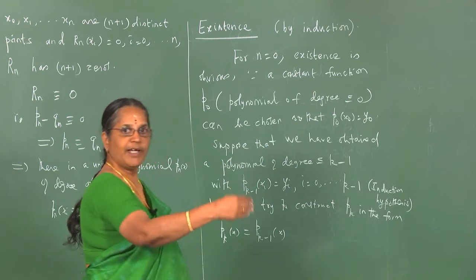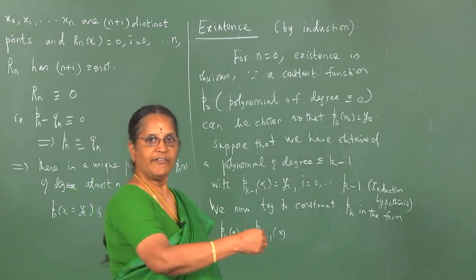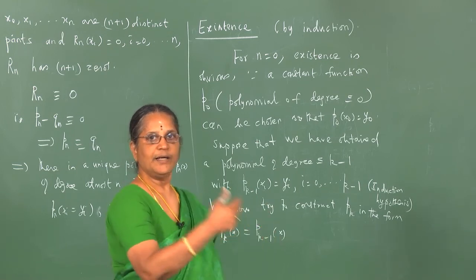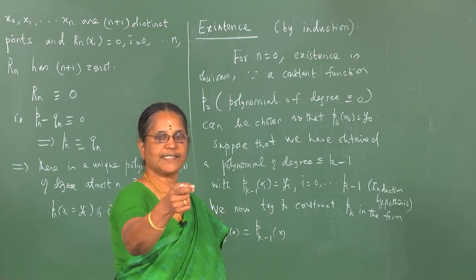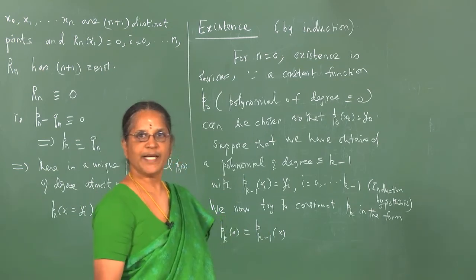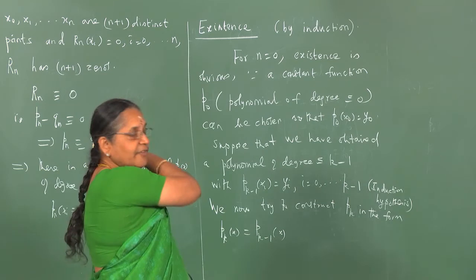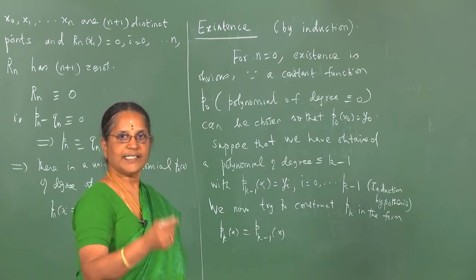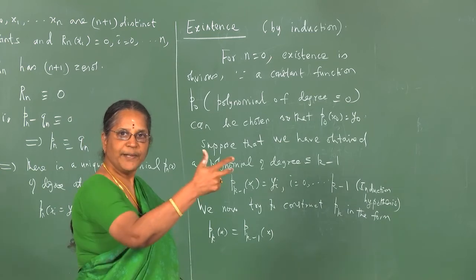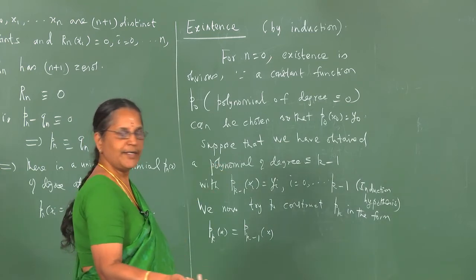So, how did we construct p2? Having constructed p1, we can now construct p2 such that p2 is p1 plus c1 into x minus x naught into x minus x1, given the information at 3 points x naught, y naught, x1, y1, x2, y2. Simply extend that idea.